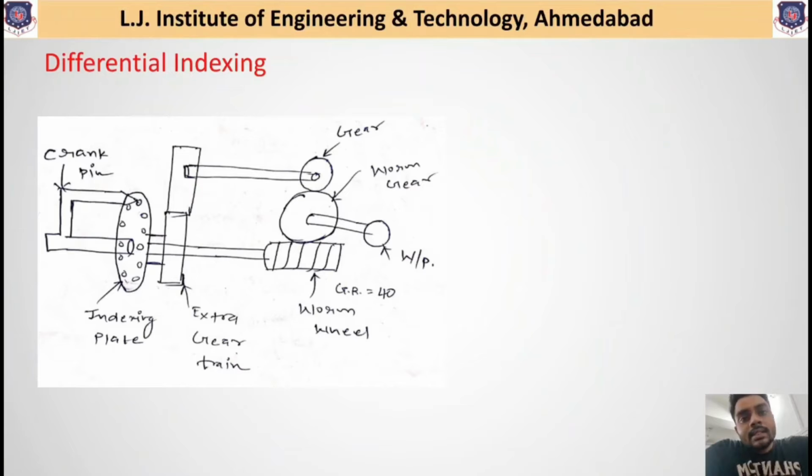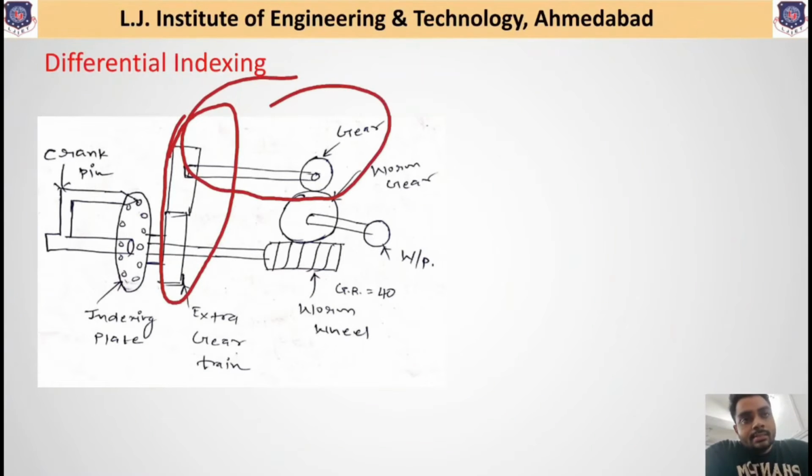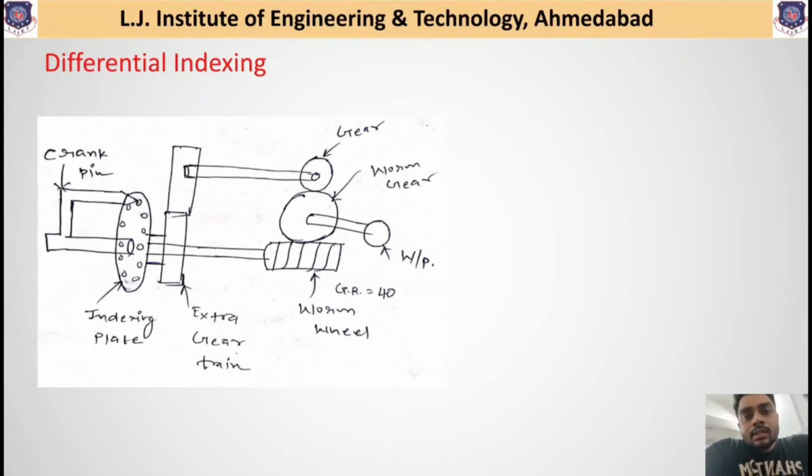And as a standard, as one can see, different numbers of gears need to be used in this particular assembly, and there is a standard number of gears available to be used in this dividing head.